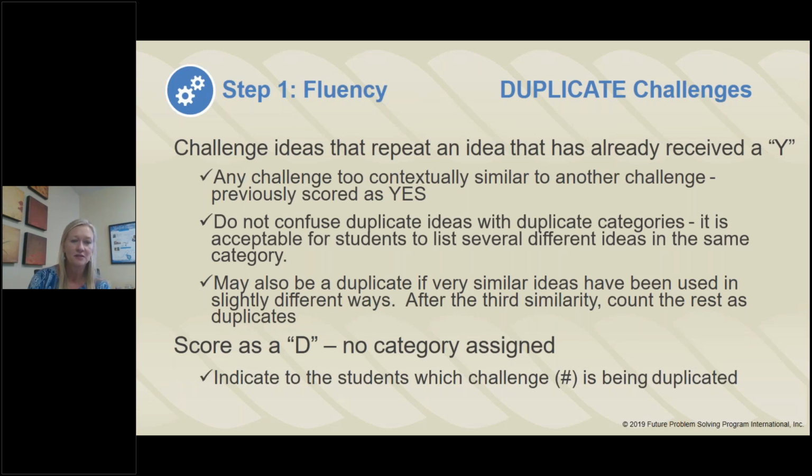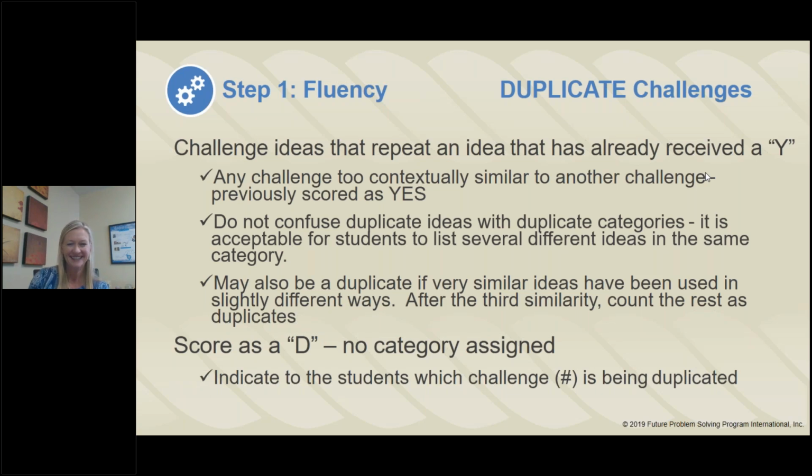You would let the students know that this duplicated a similar idea. You might write in the comment section that this challenge is very similar to challenge number 7, so that they know which one you noticed it duplicated. Okay, any questions on determining if a challenge is indeed a yes challenge?